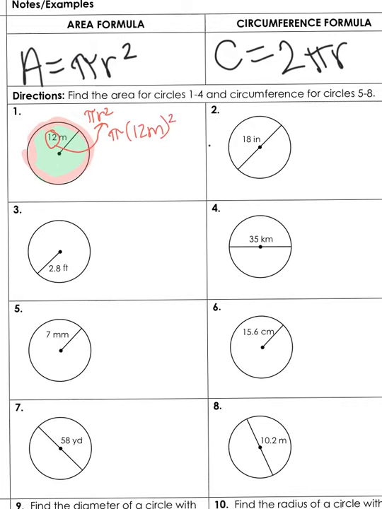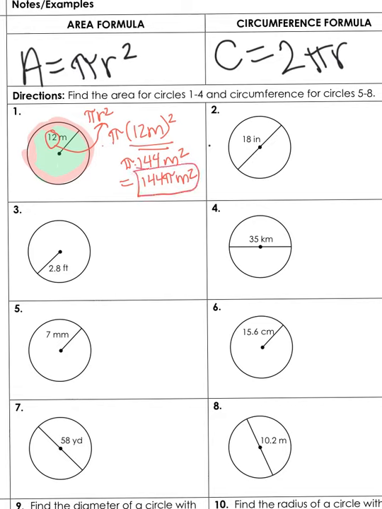When I work this out, I know that 12 squared is 144. And pi just drops down, so I have pi times 144 meters squared. The better way to write that is 144 pi meters squared. That would be considered my exact area of that circle.